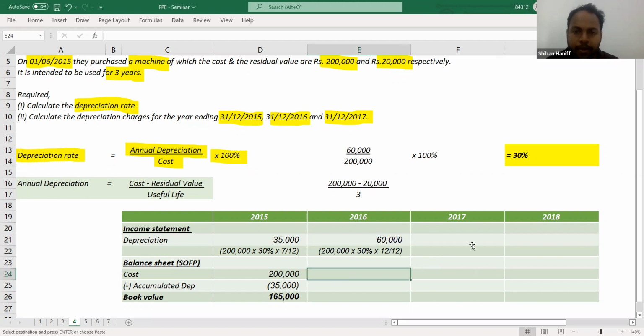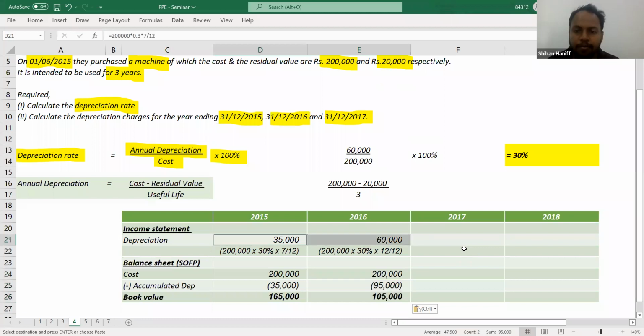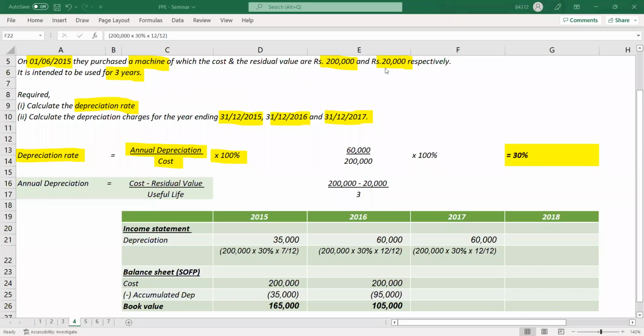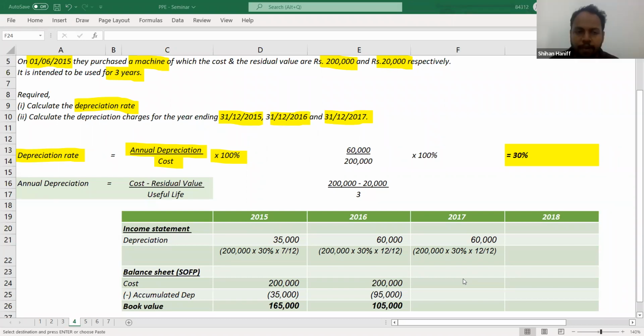Right. Then 2017. 2017 also we depreciate for 12 months. $155,000 accumulated depreciation.